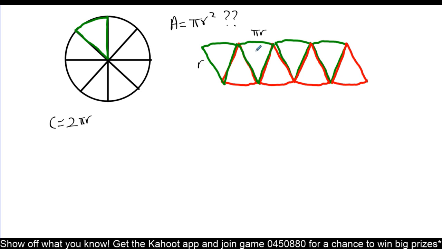And if we want to find the area of this totally perfect rectangle, a rectangle is just base times height, but in this case, our base is pi times r, and our height is just r, and we can simplify that. Anything times itself can be rewritten as r squared. And there is our formula for area of a circle.